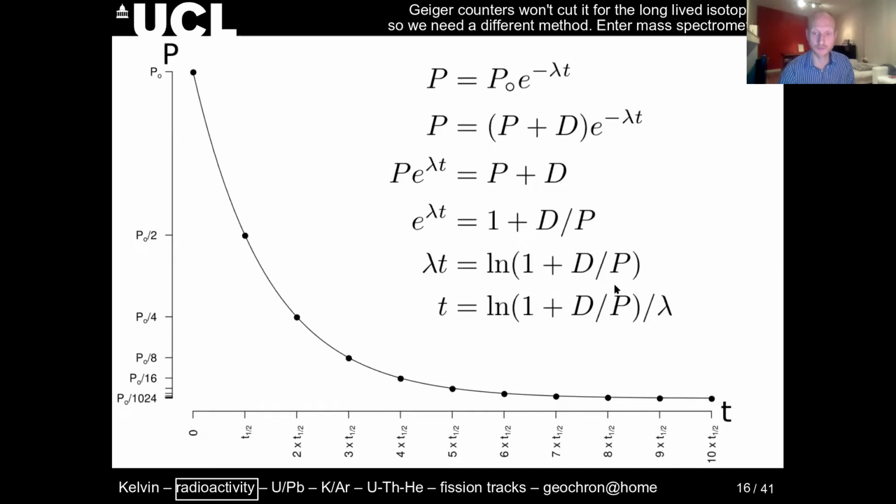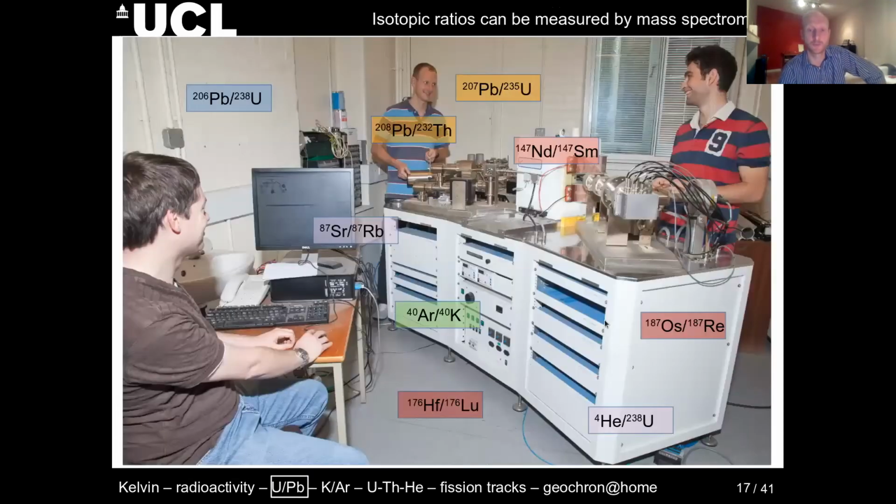And those ratios can be measured very accurately and very precisely using sophisticated machines called mass spectrometers, 3 of which are installed in my lab at UCL.